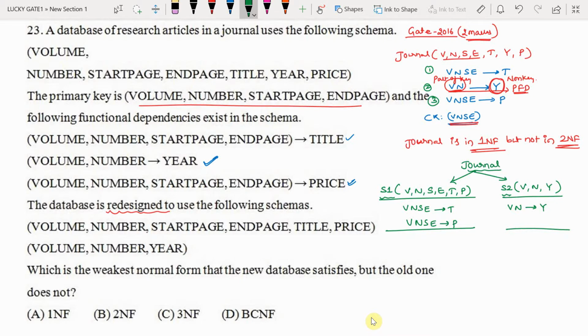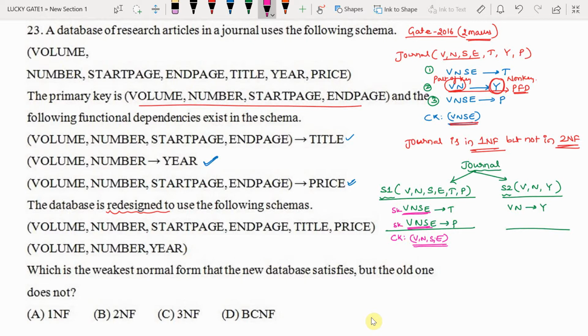Now we have to find the normal form of schema 1 and schema 2. How to find the normal form of schema 1? Now coming to schema 1, what is the key for schema 1? Volume, number, start page and end page. All 4 attributes together are a key. If VNSE is a key, the left hand side of the first dependency of schema 1 is a super key and the left hand side of the second dependency of schema 1 is also a super key.